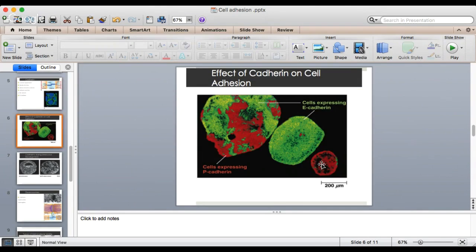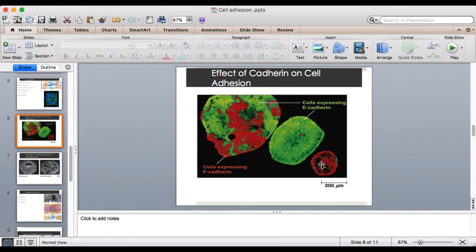So now moving on to the effect of cadherins on cell adhesion. Here, an experiment was done to test the effect of cadherins on cell adhesion. Cultured L cells, which are fibroblast cells, were used because they do not normally attach to one another.